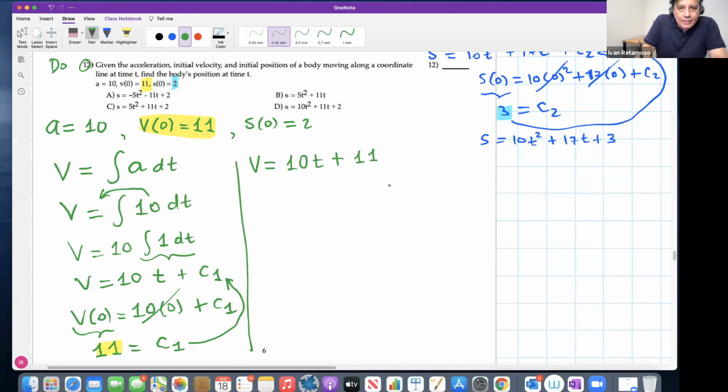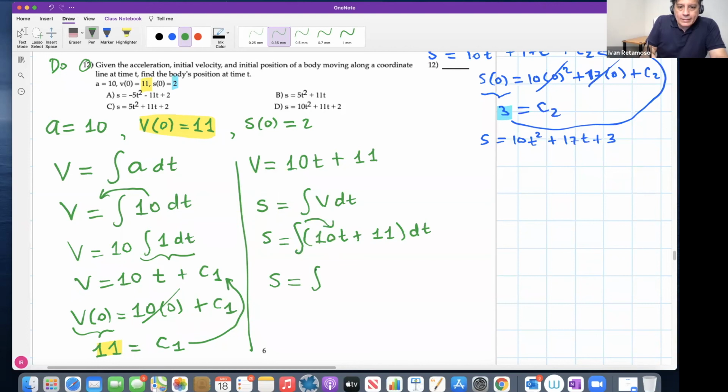Is this. But it's not over because we have to find now the position function s, right? S. And that can be gotten by integrating or taking the antiderivative of the velocity function. Yes. We have the velocity function here. That is 10t plus 11 dt here. Now let's take the antiderivative there.